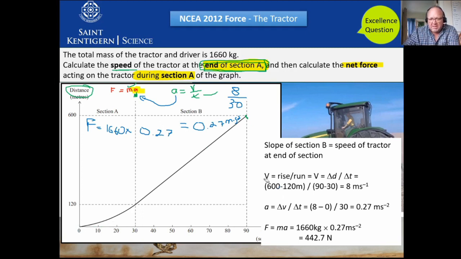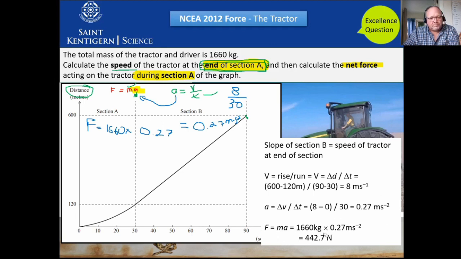Okay, and so we said velocity is rise over run, velocity is change in distance over change in time. The change in distance is 600 minus 120 over 90 minus 30, and that gives us 8 meters per second. Then acceleration, we take that 8 meters per second, we put it into our change in velocity here, because it's the instantaneous velocity right there, divided by time, which is going to be 30 minus 0 is 30, and that gives us 0.27.